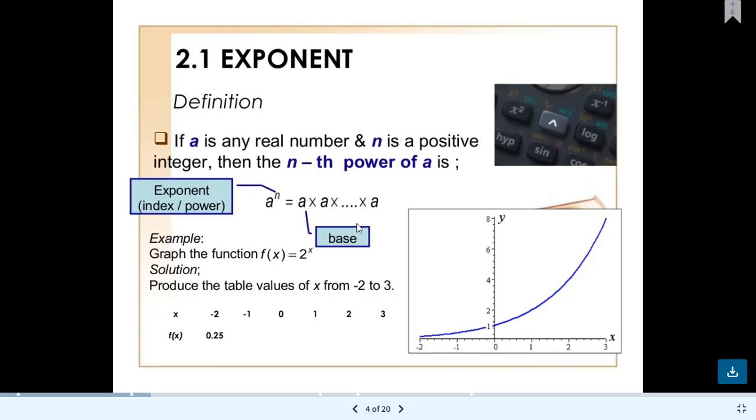So instead na pahabain natin yung representation, equation, we will just use this representation. So exponent. For example, graph of the function f(x) = 2^x. So the solution, produce the table values of x from -2 to 3. Actually, pag ganito yung graph, kapag positive exponent.